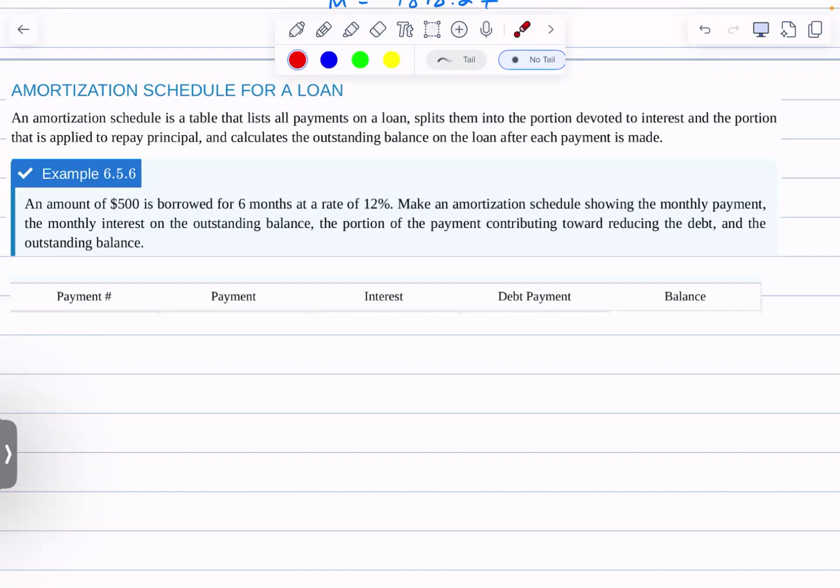So they take their interest portion first, and the remainder is applied to repay the principal of the loan, the initial amount that you borrowed. Then it calculates the outstanding balance on the loan after each payment is made.